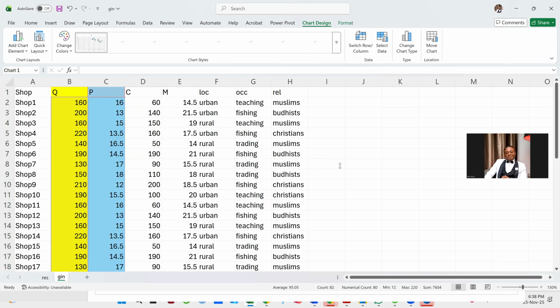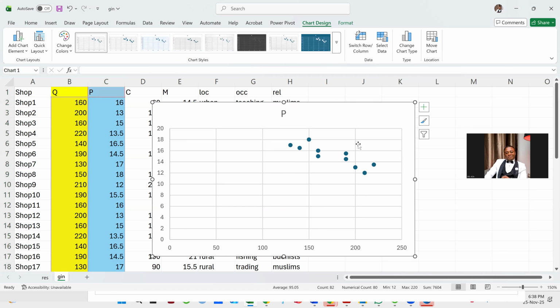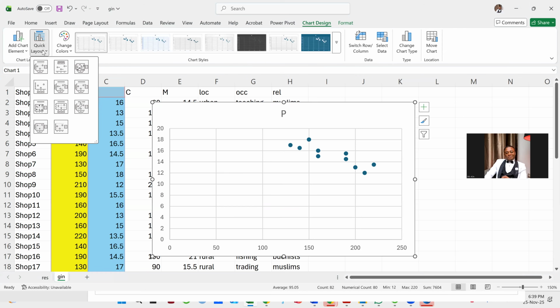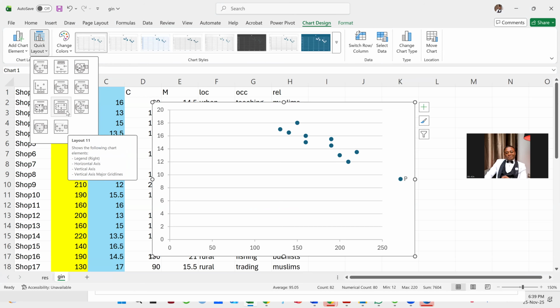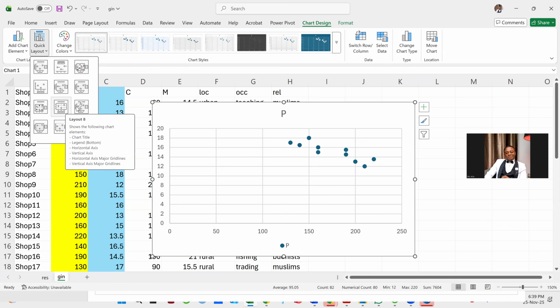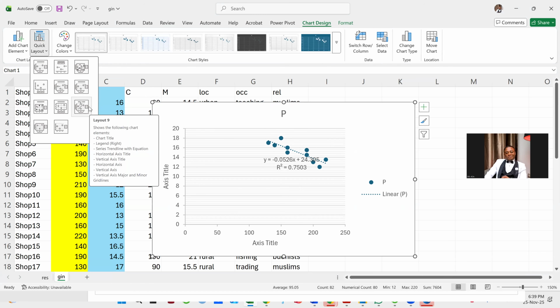So this is a scatter plot of the data you see here. Then you go to the far left. You see Quick Layout. There is a layout which is layout number 9. You don't click it, hover the cursor on it.